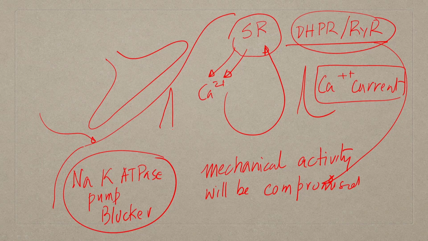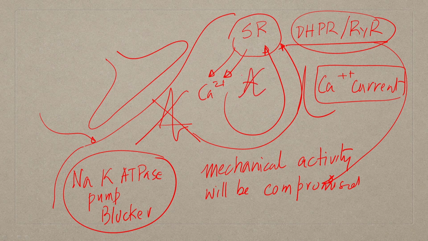If there is no sodium current, the action potential we know will be cancelled out. This action potential triggers the SR, or sarcoplasmic reticulum, to secrete the calcium, or the spiking of the calcium. If that is compromised, it will compromise the mechanical activity.